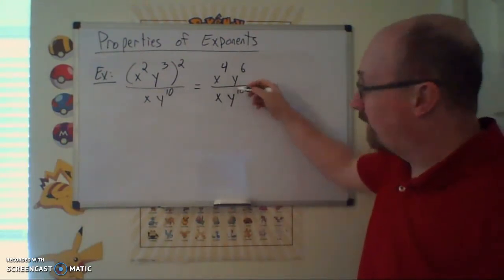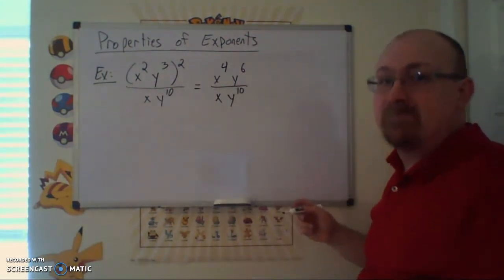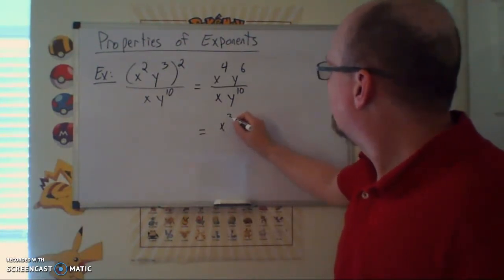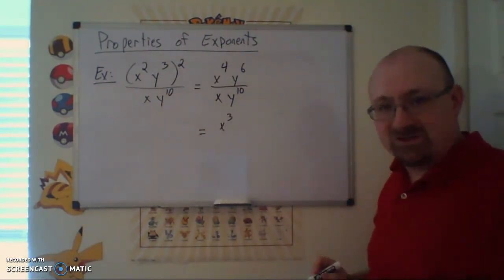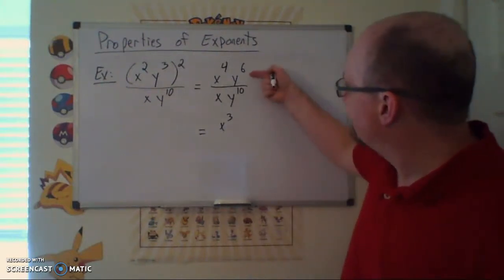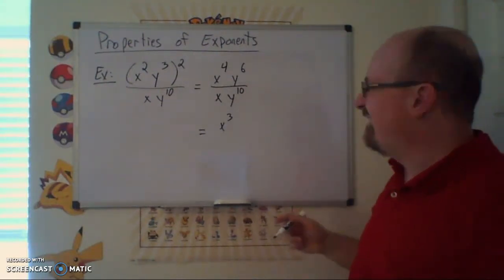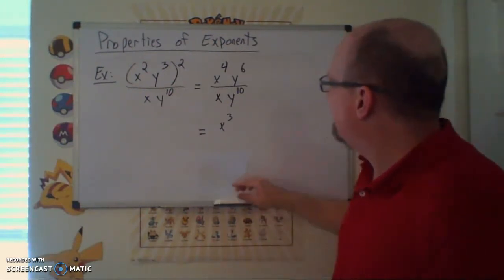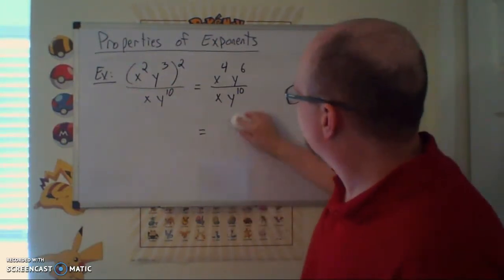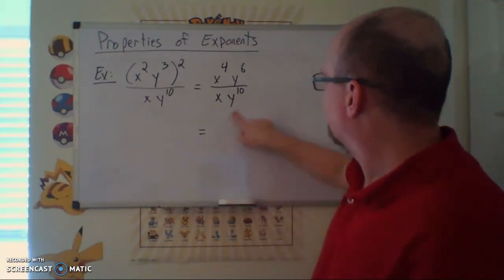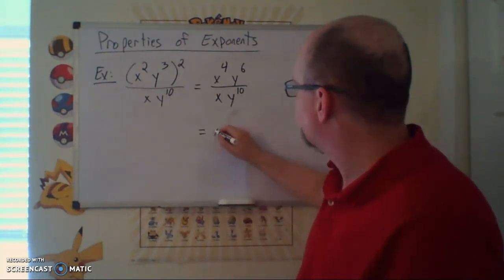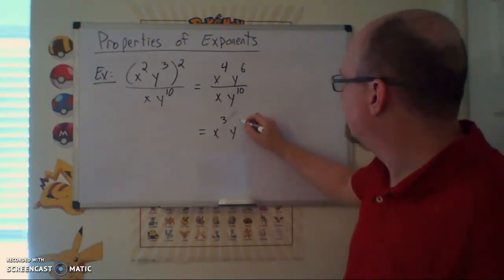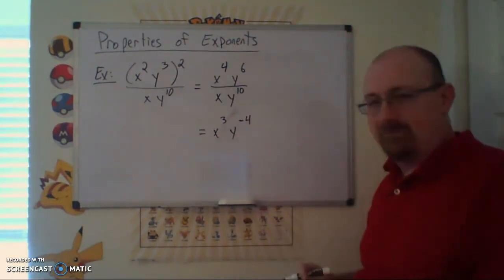So we have x to the 4th divided by x to the 1st. x to the 4 minus 1 gives me x to the 3rd, or x cubed. We have y to the 6th, and then we have a y to the 10th down below. So if you use the properties, I'm going to change my plan here mid-calculation. So we had x cubed. y to the 6 minus 10 gives me y to the negative 4.